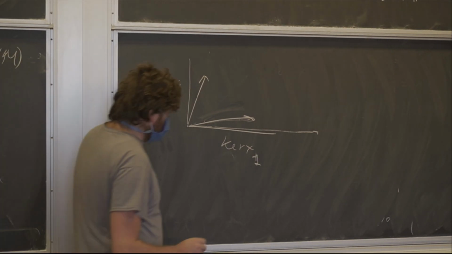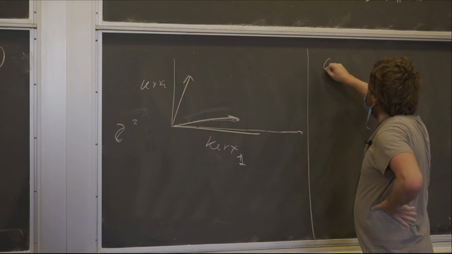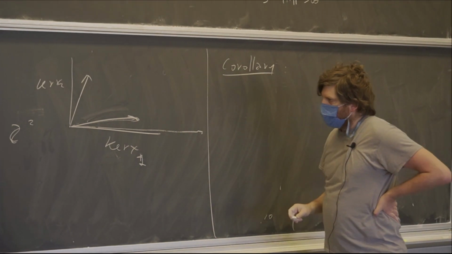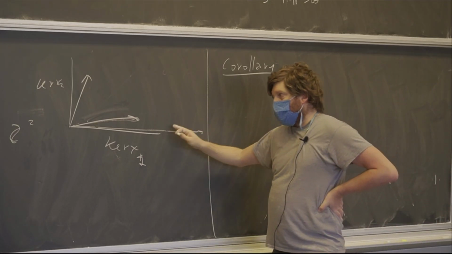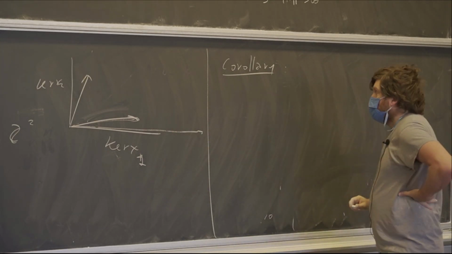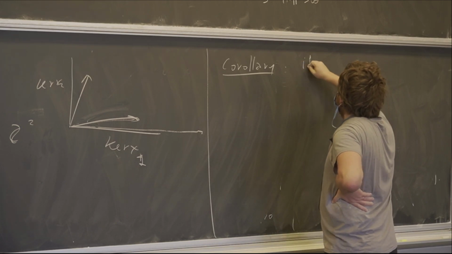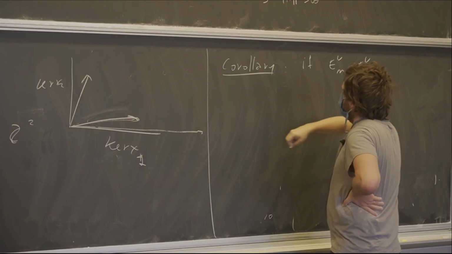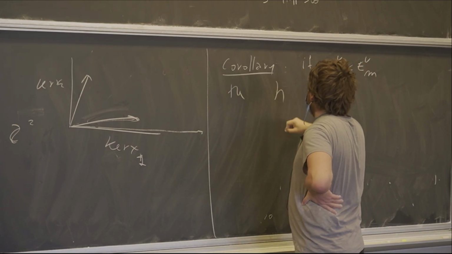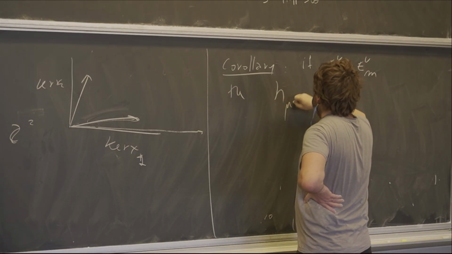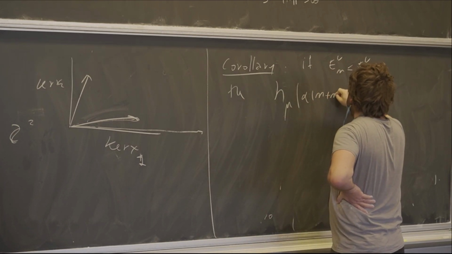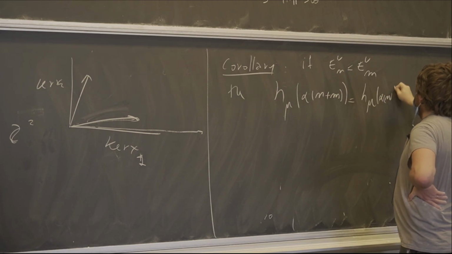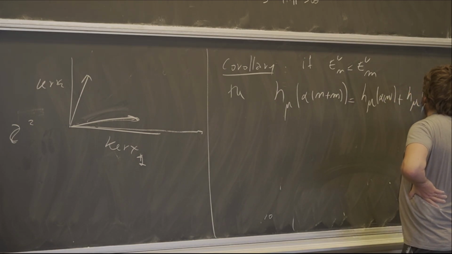Okay, so the corollary of it, because what is important is the application, and for the application, this problem disappears. Which means that if the unstable manifold for n is the same as for m, then the entropy for n plus m is the same as the entropy for n plus the entropy for m.